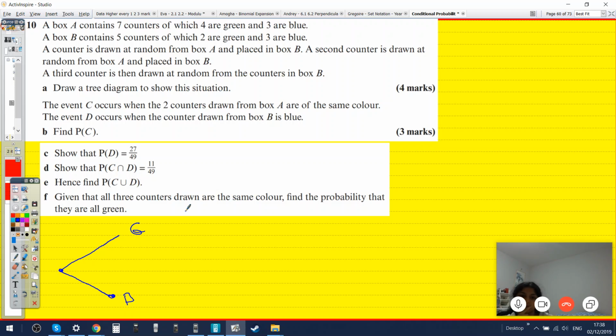A, box B, green and blue. So this was going to be box A. Mm-hmm. And then you would kind of go from there. Okay. And then this would be box B. Oh, that makes sense. I think I know how to do it now. Okay.